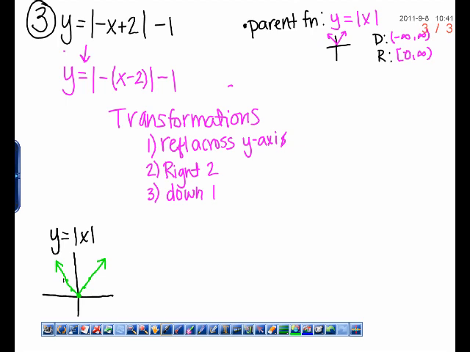What is my first transformation that I'm supposed to do? Reflect across the y-axis. So essentially what I'm graphing is y equals the absolute value of -x. What does that look like if I reflect the absolute value across the y-axis? It's the exact same. Is that always going to be the case? Nope, just happens with this parent function.